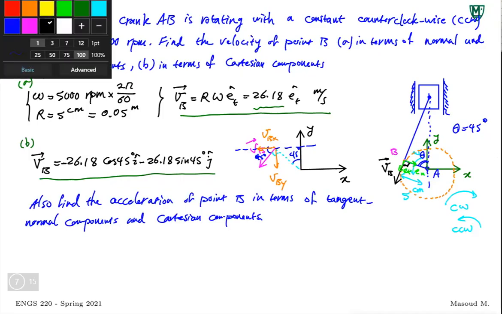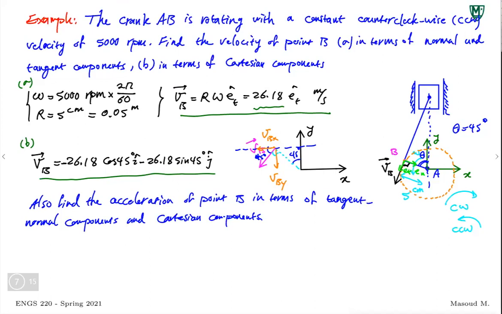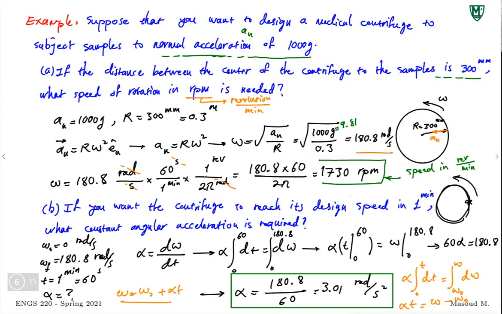So same story we follow. The acceleration AB typically has two components, as long as none of them is zero: a component in the tangent direction, AT eT, plus AN eN. I'm not bringing these from some random place.